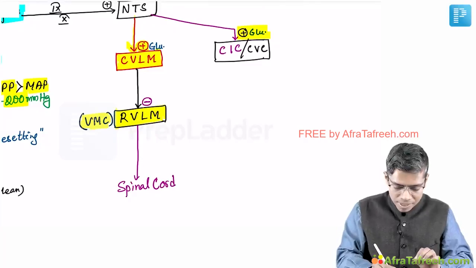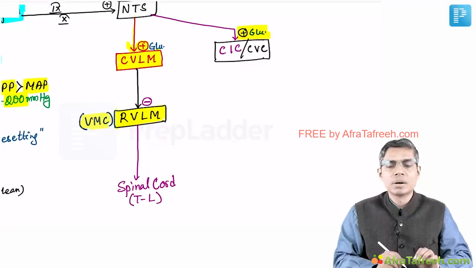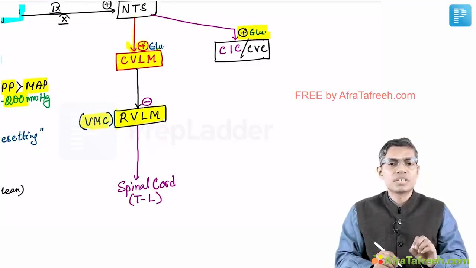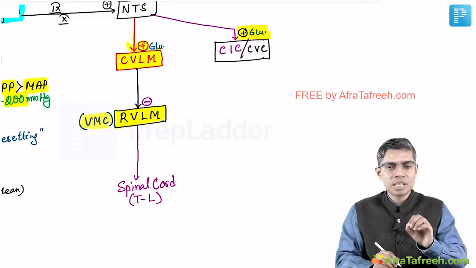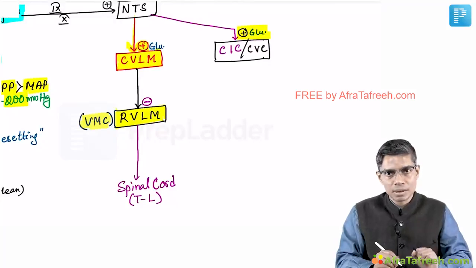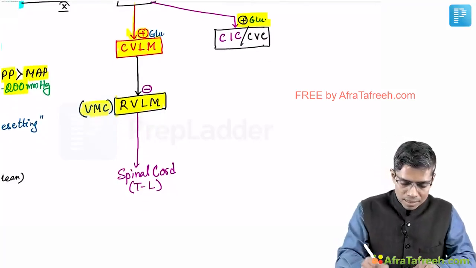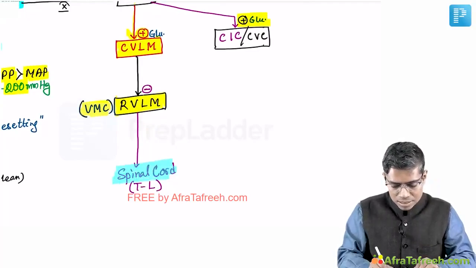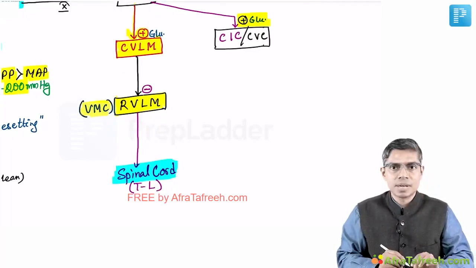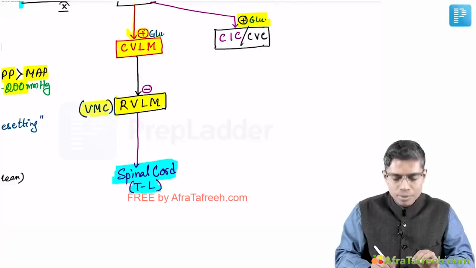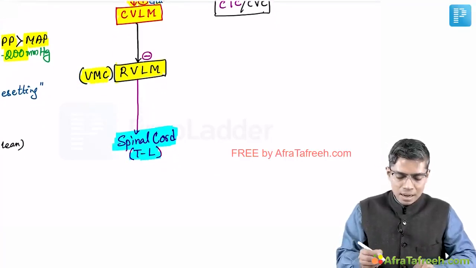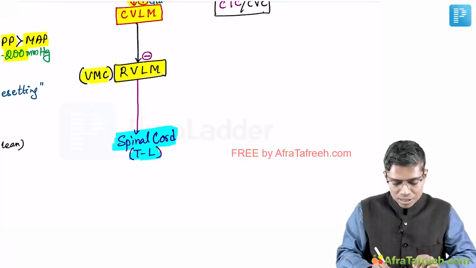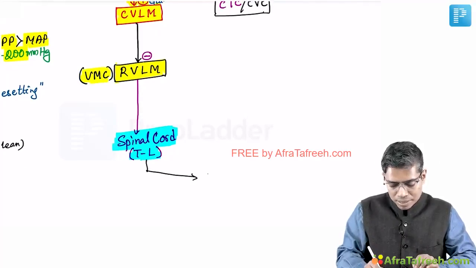The thoracolumbar region, specifically the intermediolateral gray column of the spinal cord. We all know that this area, the thoracolumbar IML gray column, is the area which gives rise to the sympathetic system.